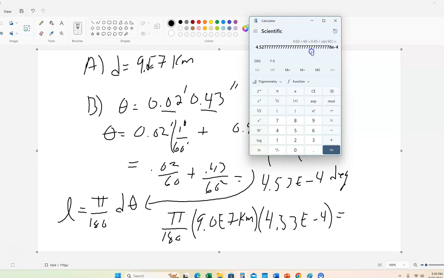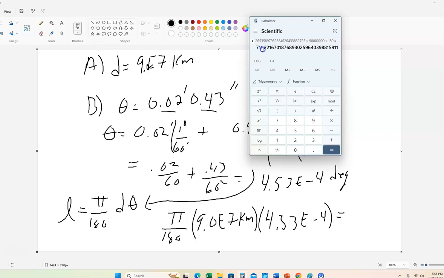I've got to stop talking and actually do some calculating. There's the angle. It doesn't matter what order I do this in. Times pi, then times 9 times 10 to the 7th, and then finally divide by 180. There it is.